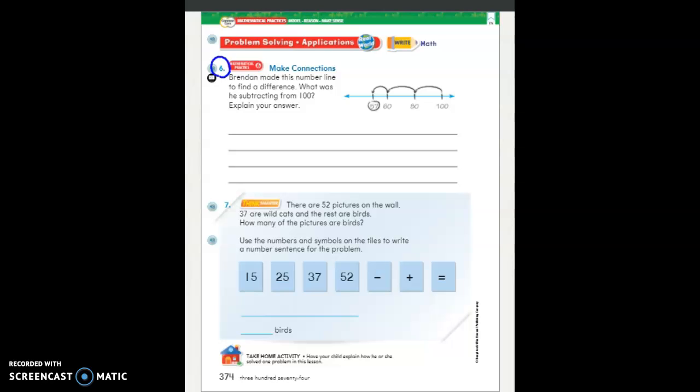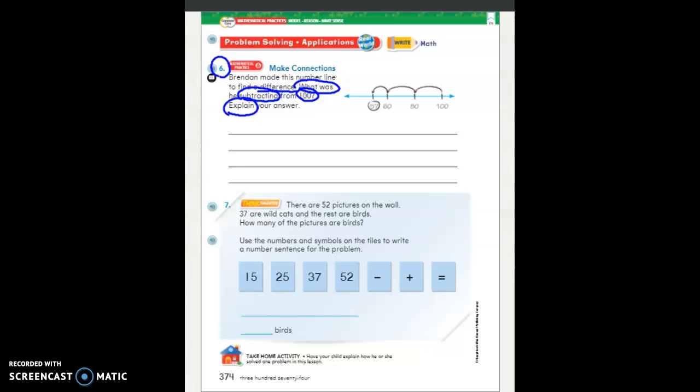This says, Brendan made this timeline to find the difference. Difference always means the answer to a subtraction problem. What was he subtracting from 100? And this one, I know you love it, explain. We should know that word.